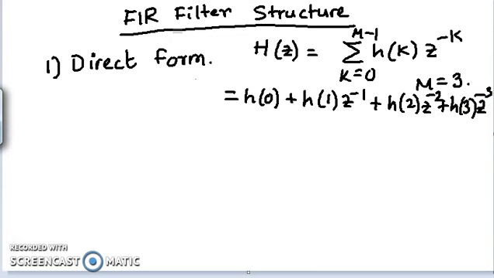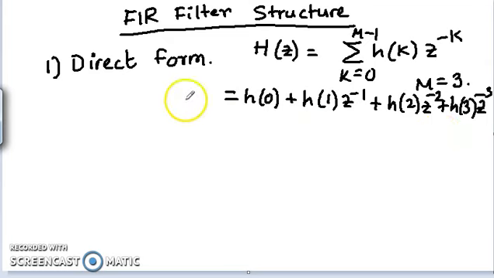Now, if I draw these additions and multiplications in the form of delays and multipliers, that is nothing but the direct form. You can think of it this way: in an FIR filter we have zeros and poles, and zeros are present here. So, we are only using the structure of the zero part. Here, instead of a_k and b_k, we are writing it in the form of h, the impulse response.